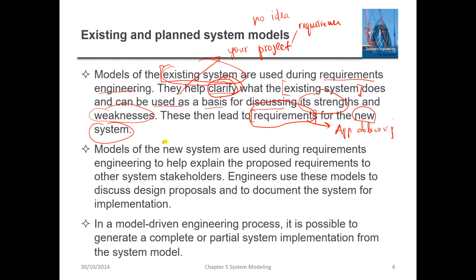Models of new systems are used during requirement engineering to explain the proposed requirements to other system stakeholders. System stakeholders means people such as the project manager, CEO, and CTO.